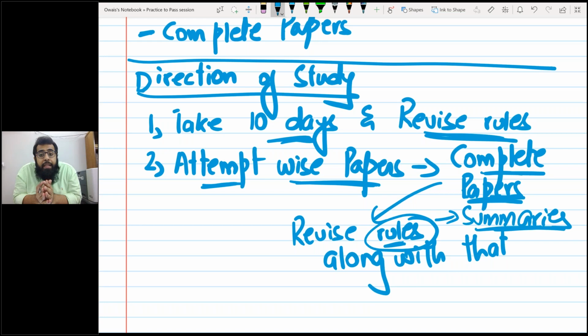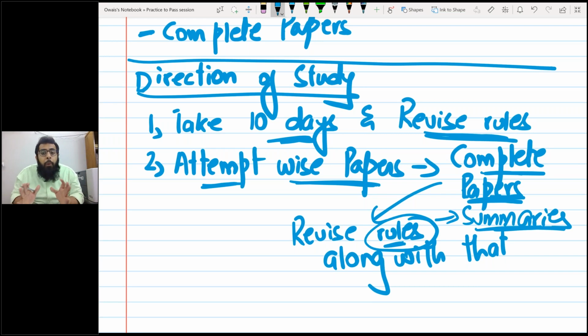You need to develop a study pattern and study in the right direction. You need to take out 10 days and revise rules. For example, today is 9th of November; go till 18th or 19th of November and revise all the rules.